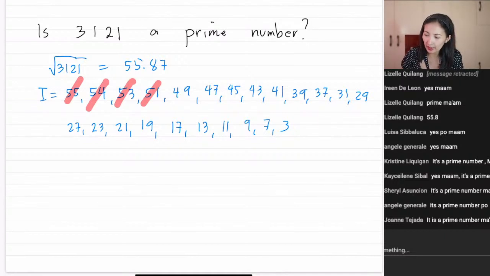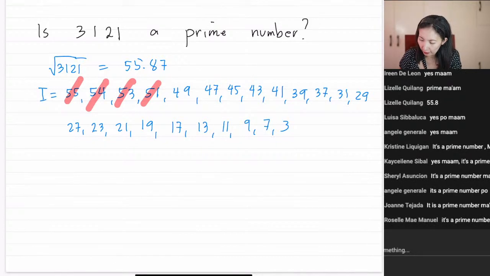So let's test one by one. 3,121 divided by 49. Okay, no. 3,121 divided by 47. No. Bakit in-include natin si 45? Let's strike this out. 43. 3,121 divided by 43.